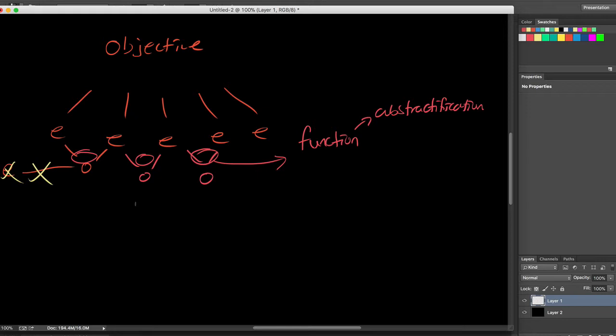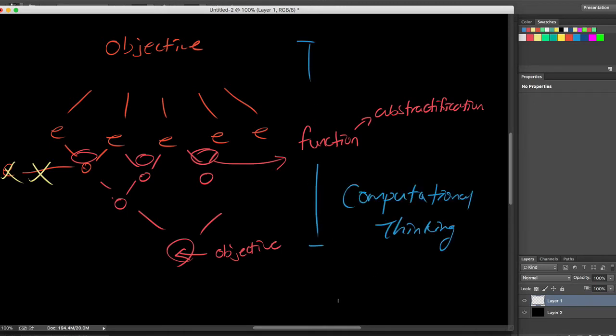So once you keep on building your evidence, your actual knowledge, into more and more abstract concepts by combining each of these smaller to bigger concepts, you will eventually arrive at your objective. So this whole process is called computational thinking. More specifically, this is called the bottom-up approach in development.